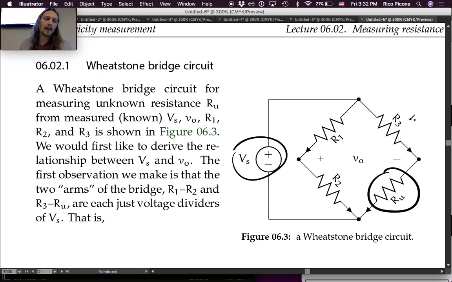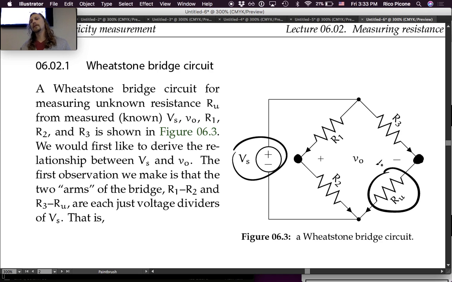So we would first like to derive the relationship between Vs and Vout. When we analyze the circuit, we begin by asking what is the relationship between the input voltage and this output voltage? Notice that the output voltage is measured from this node on this side of the circuit to this node on this side of the circuit.